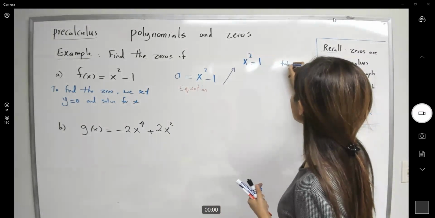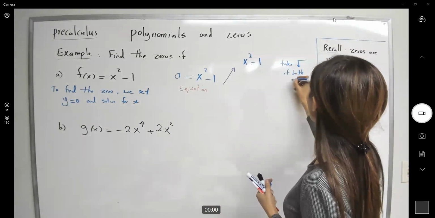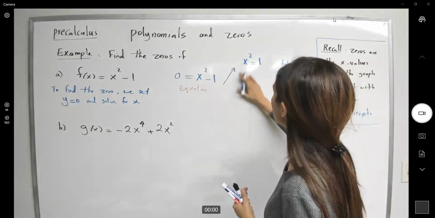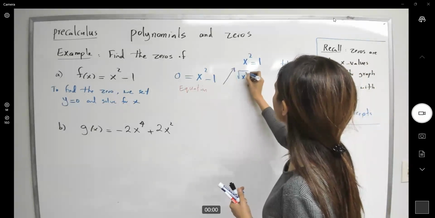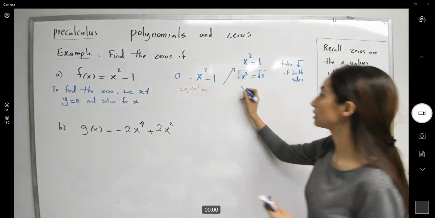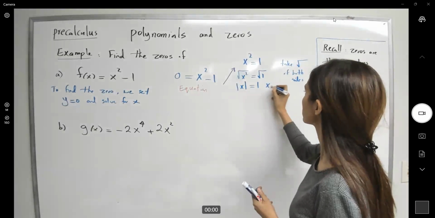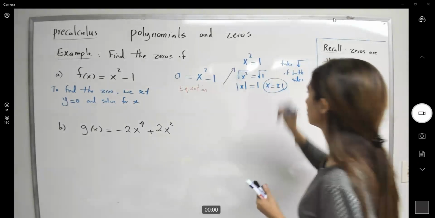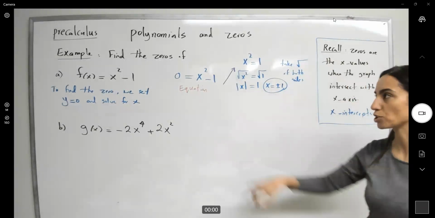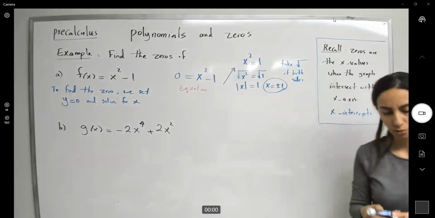Take the square root of both sides. You get the square root of x squared equals the square root of 1. On the left-hand side, you end up with the absolute value of x equals 1. So x is plus minus 1. This is your first option in solving x squared minus 1 equal to 0.